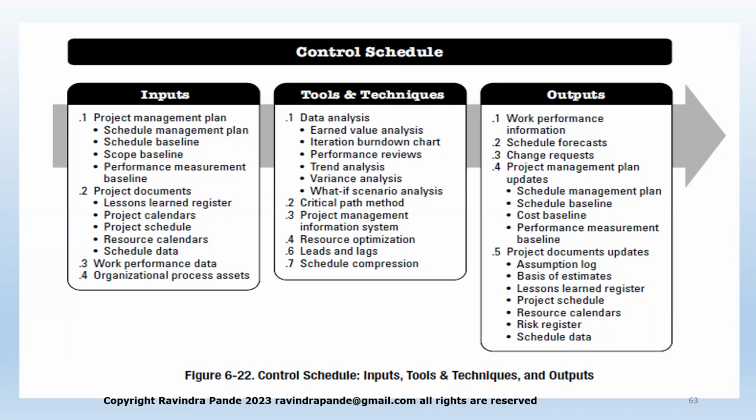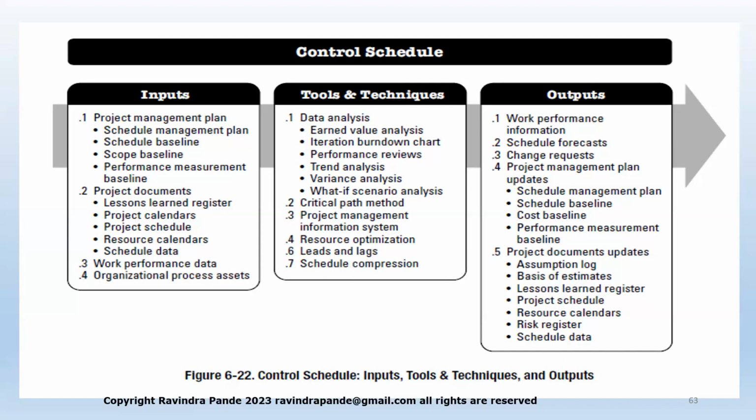Then the change requests. How do we accept change requests? Do we have sufficient resource and schedule to accept change requests? If not right now, then when, and so on and so forth. The project management plan updates are schedule management plan, schedule baseline, cost baseline, and performance measurement baseline.